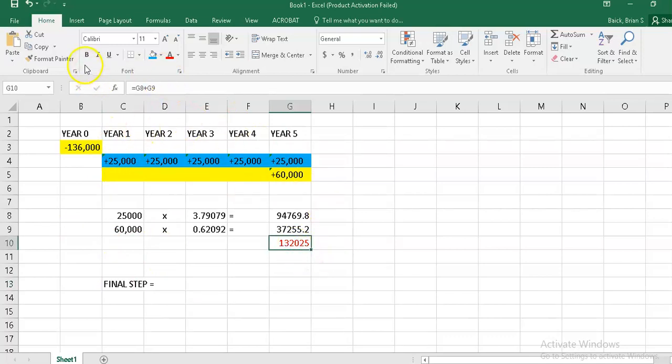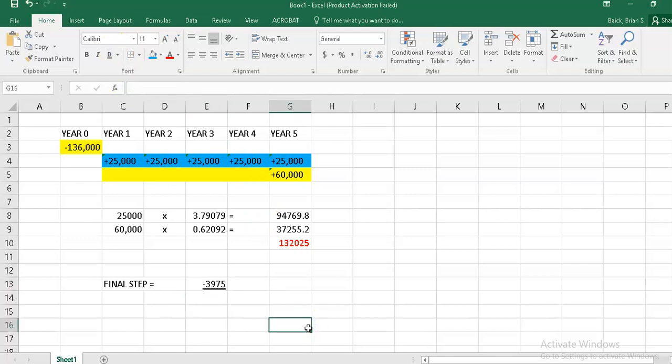It's 132,025, minus what is the investment that you have to make to get the project started? 136,000. So that's what it looks like. Let's do the math. And we get negative 3,975. This is the final answer. This is the net present value.